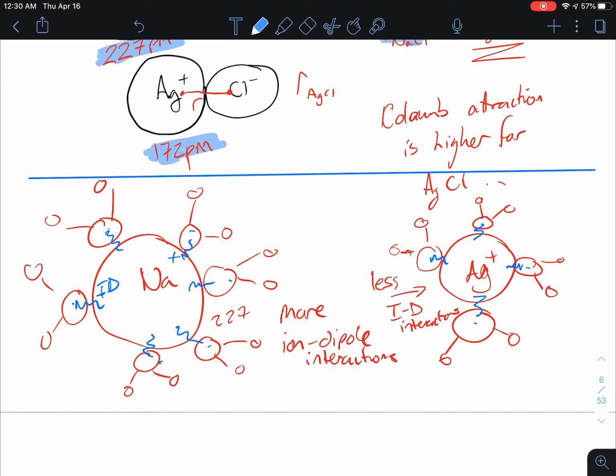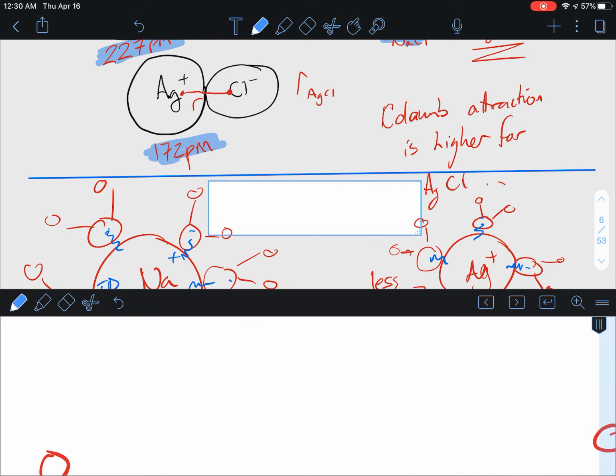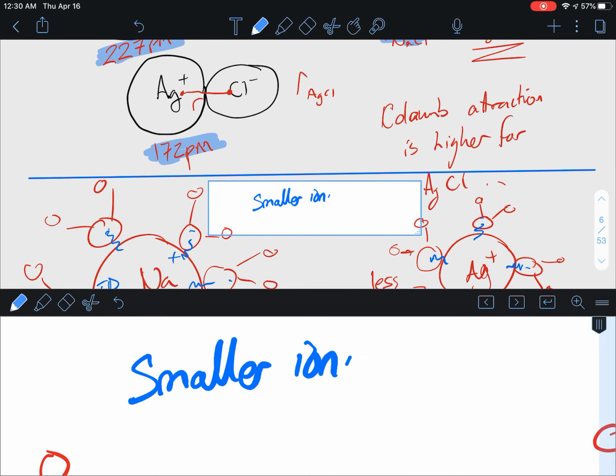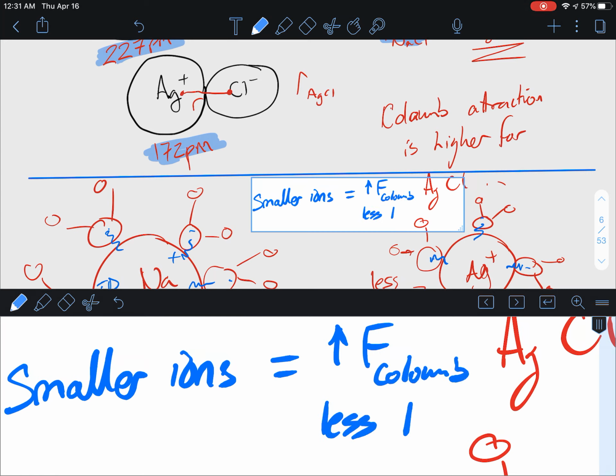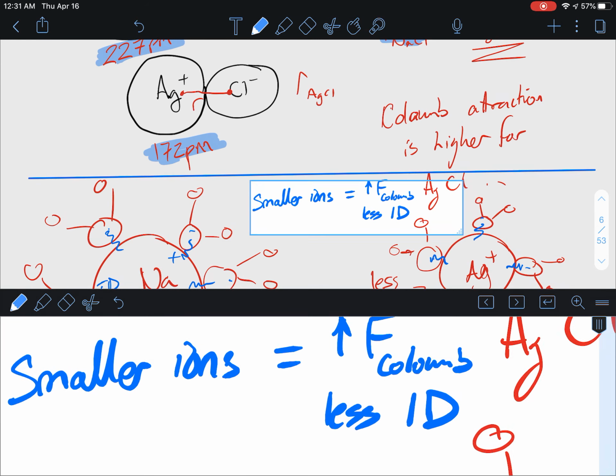So we can kind of say, smaller ions equal a higher Coulomb force and fewer ion-dipole interactions.